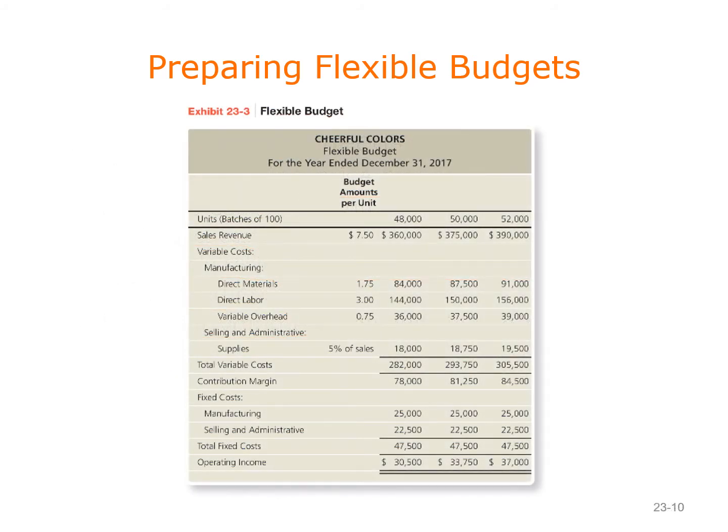As you can see here, the table is showing a flexible budget. This is the budgeted amount per unit, and those are the different levels of sales. We made a budget for 48,000 level of sales, 50,000 level of sales, and 52,000 level of sales.